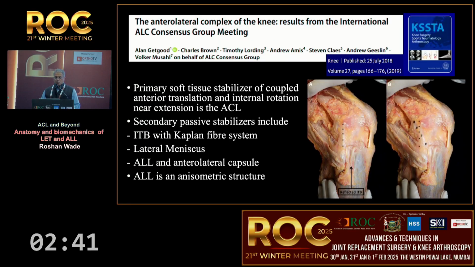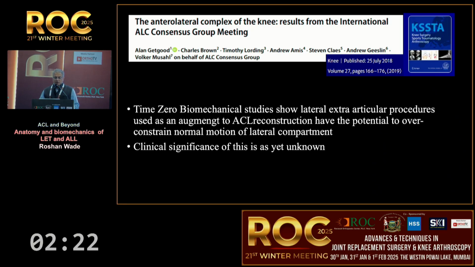And the anterolateral complex group has found out that it is not only the ALL; even the ITB and Kaplan fibers and even the lateral meniscus will add to the pivot shift instability if not treated well. So there is a conflict as to whether the ALL is the only structure which adds to the pivot shift, or whether other additional structures do as well. The anterolateral complex group found that time zero biomechanical studies have shown that ACL reconstruction can prevent the rotary instability, provided you constrain the lateral compartment either in the form of ALR or LET.